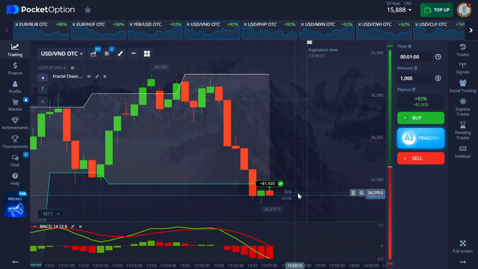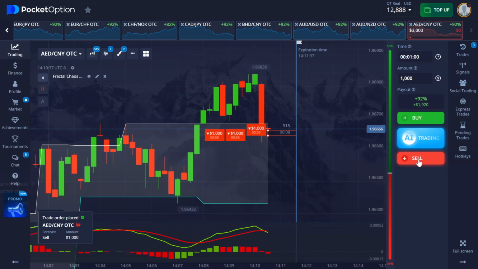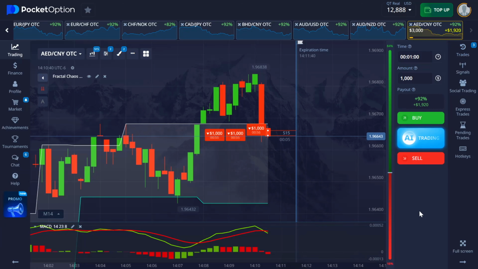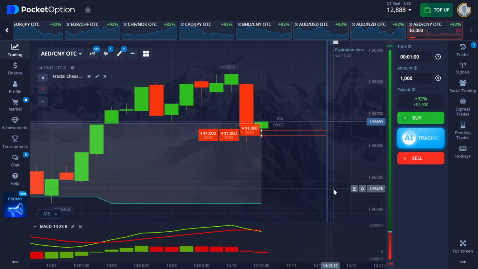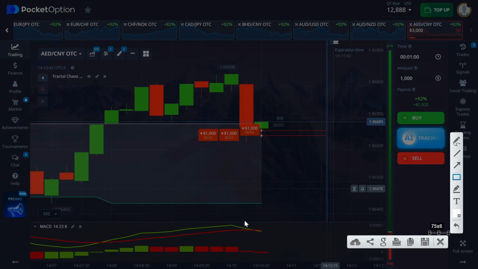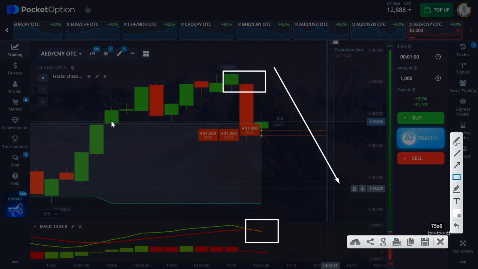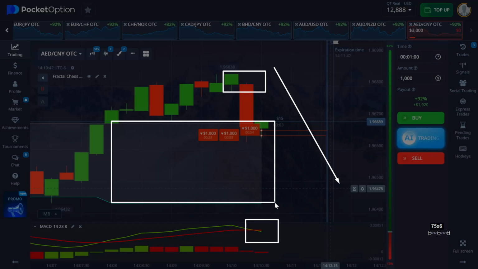Let's find another opportunity. Gonna be taking one more. Let me explain this trade real quick. You guys see this sharp movement right here from the MACD, okay? This shows us that the price is very active and it wants to go downward. All right, now if you pay attention closely here, this is an engulfing candle, right? And we entered the fractal chaos band, which is right here.